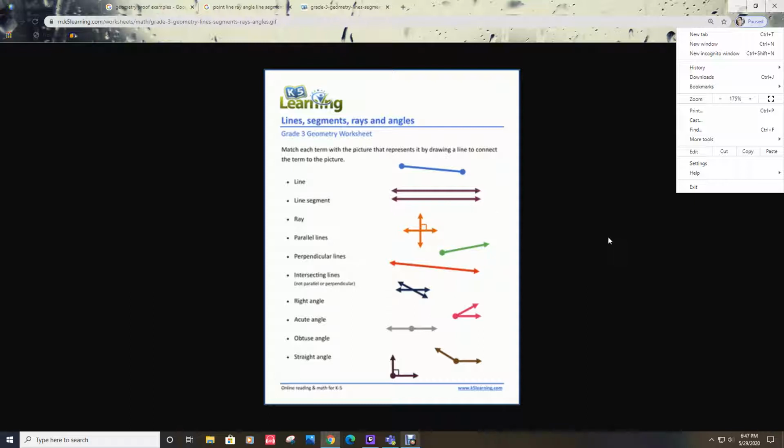Oftentimes it'll be on a graph, where you're seeing something graphed, or looking at it on a shape, like a rectangle, seeing how your lines are running parallel, where you've got this parallel line here, that they never cross, things like that.